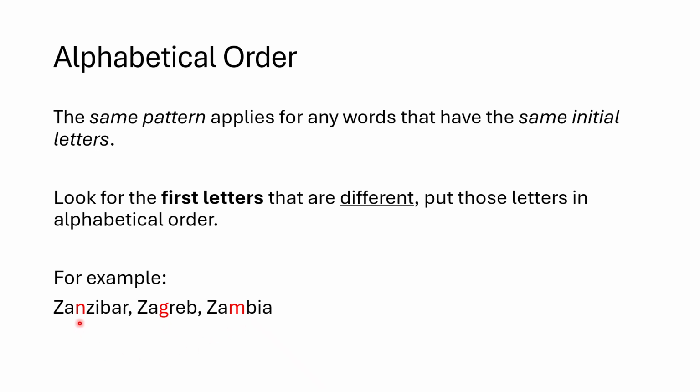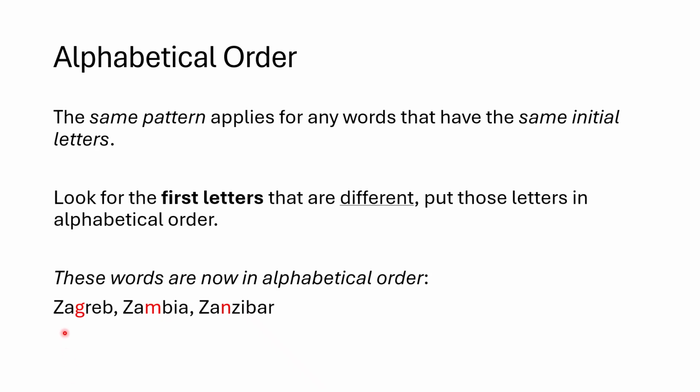The third letter in Zanzibar is N. The third letter in Zagreb is G. The third letter in Zambia is M. Each of these words begins with ZA. By looking at the third letters, we can see that G comes first, M comes next, and N is next. Zagreb, Zambia, Zanzibar. These words are now in alphabetical order.